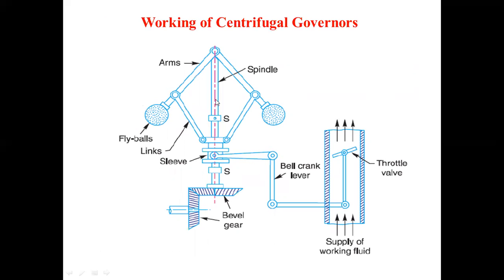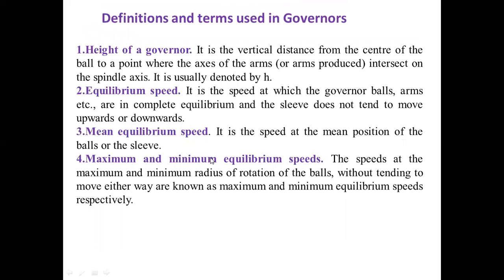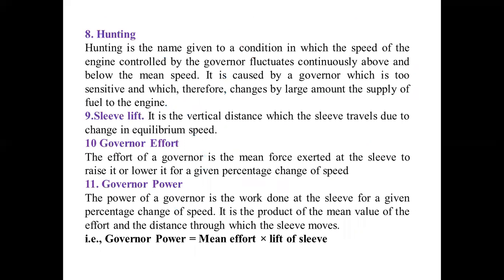So sleeve lift is the total distance traveled along the spindle whenever a change in speed occurs. It is represented by X. It is the vertical distance which the sleeve travels due to change in equilibrium speed. That is called sleeve lift.